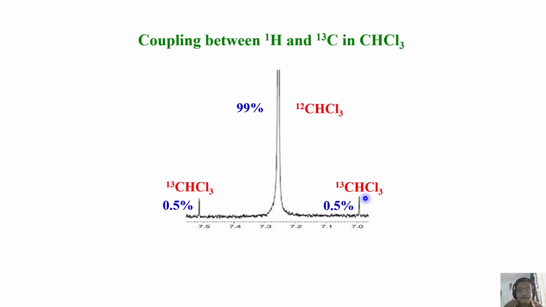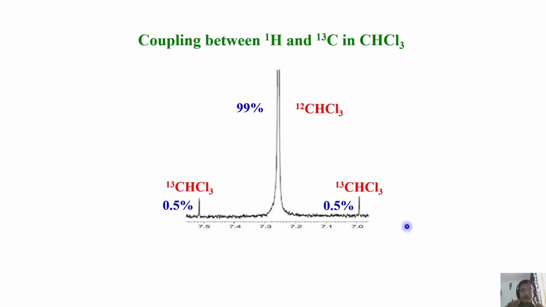Whenever you observe an abundant spin coupled to a low-abundance spin, with abundance of the order of 1%, 2% or 5%, then that coupling appears as satellites. The major peak is because of the other isotopomer, and satellites come because of coupling to a low-abundance nucleus.